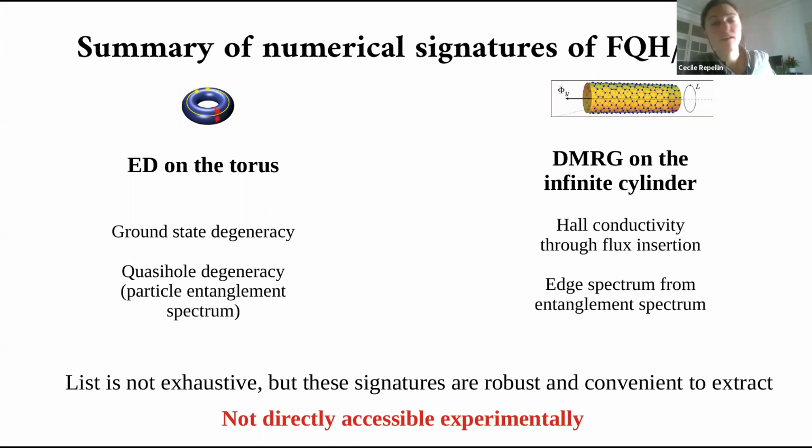I'm aware of some Monte Carlo studies, but they mostly use the model wave functions to calculate observables. For example, one of the strengths of fractional quantum Hall is that you have model wave functions such as the Laughlin state or others, which you can write down explicitly.